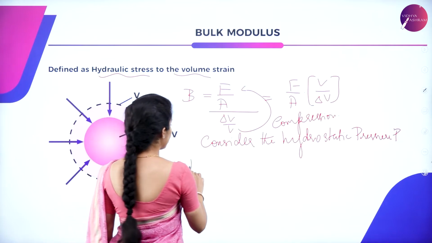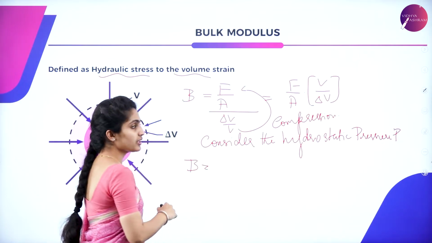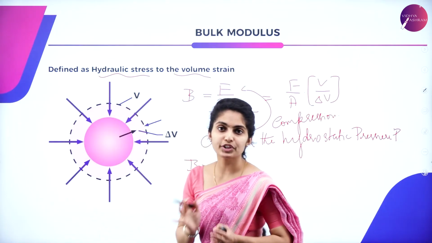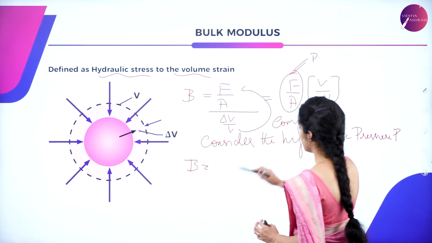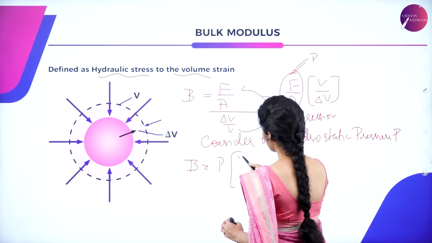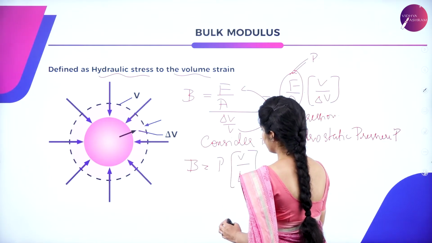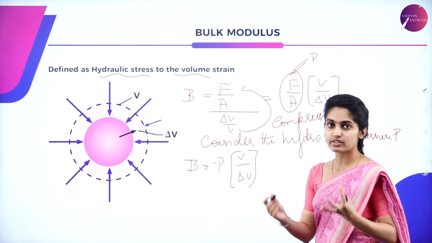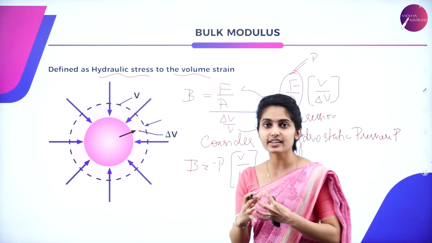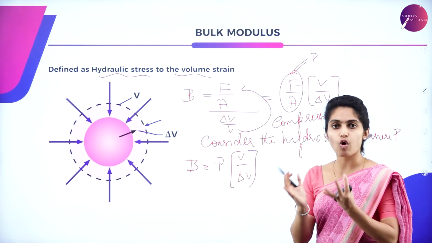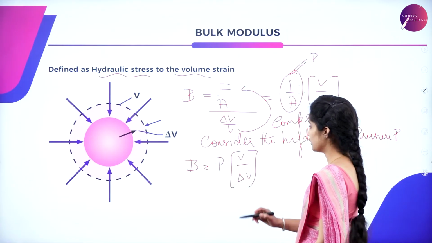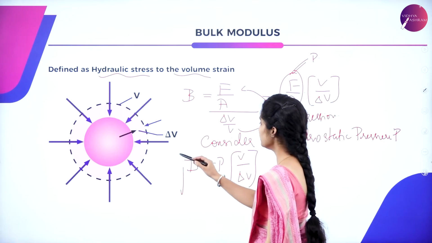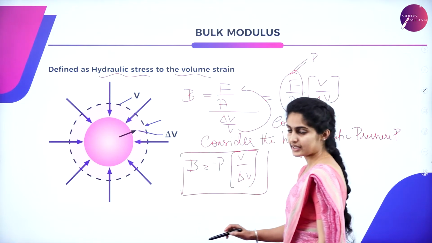B is equal to, pressure is nothing but force exerted per unit area, so I can consider the whole term as P. So it becomes P into V by delta V. This will be negative because it's getting compressed. It is getting decreased. When the pressure increases, the volume of an object decreases. That is why we have the negative sign. So this is the bulk modulus expression.